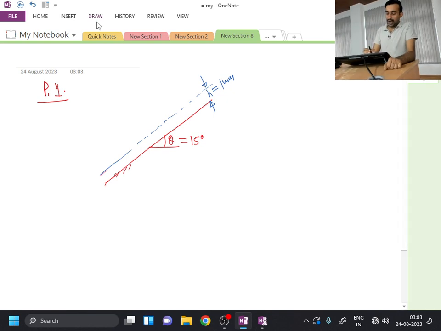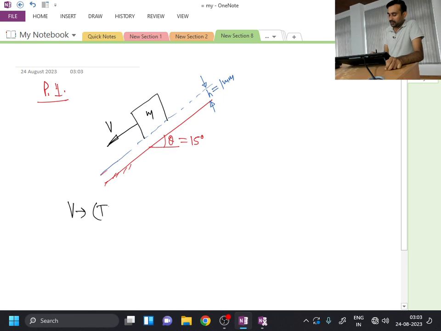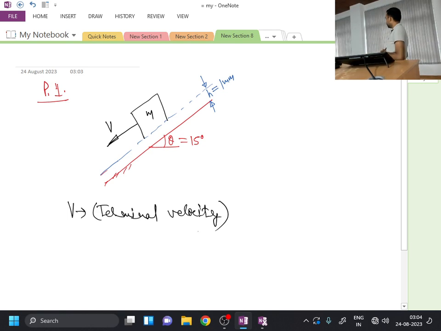Now I have a solid block of mass m which is on this liquid film and is moving in the downward direction with velocity v. This velocity v is the terminal velocity of the solid block.